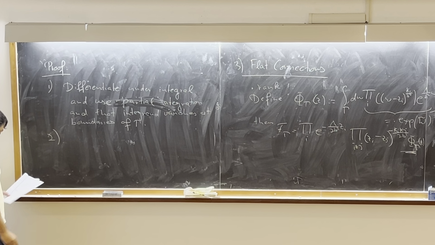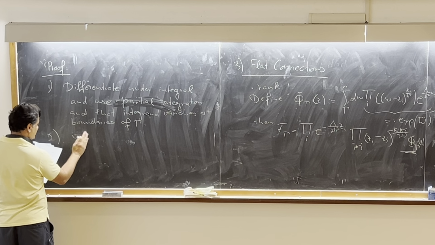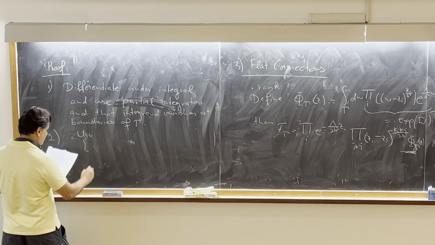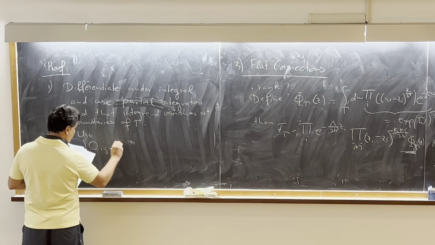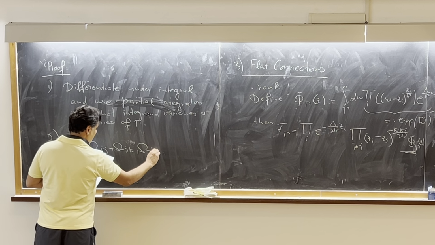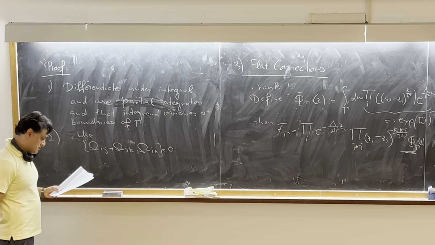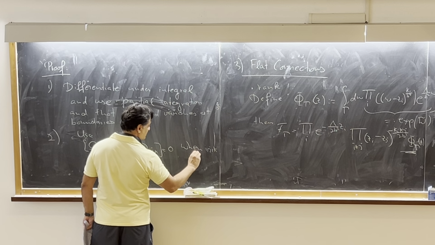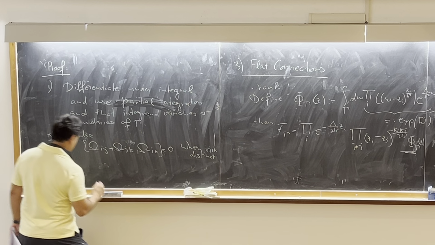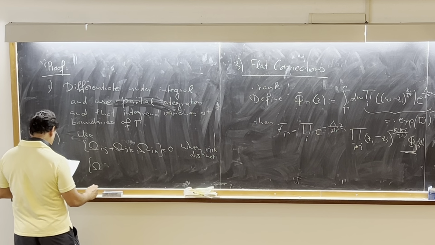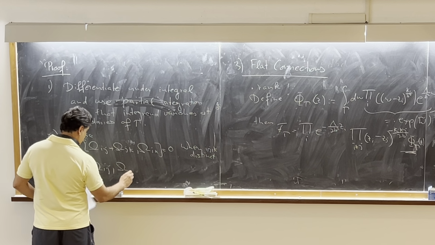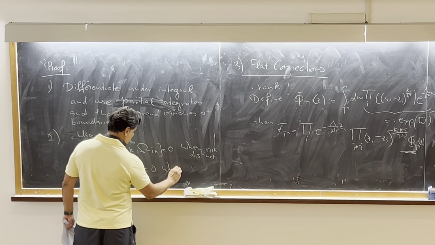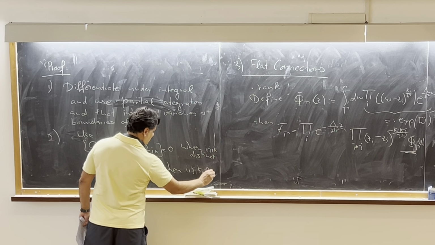And the second part is that we just show the following. We just use the following, which you can easily convince yourself of because the matrices are explicitly given. The commutator of omega ij plus omega jk with omega ik is 0 when i, j, k are distinct, and moreover the commutator of omega ij with omega kl is also 0 when i, j, k, l are distinct.